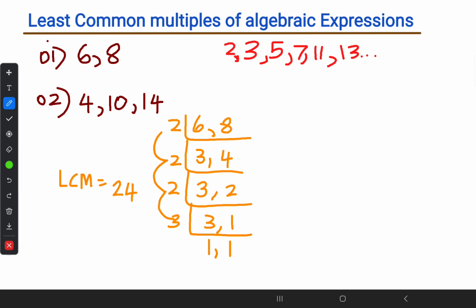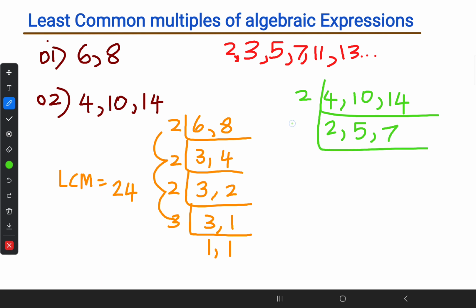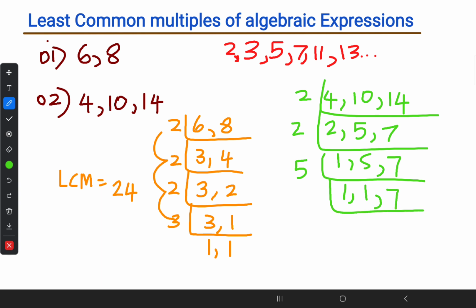And the next set of numbers: 4, 10 and 14. For that one, initially 2. We get 2, 5, 7. Again 2, giving 1, 5, 7. Again there are no multiples of 3. Directly let's move to 5, giving 1, 1, 7. Next, the number 7, so it would be 1, 1, 1.